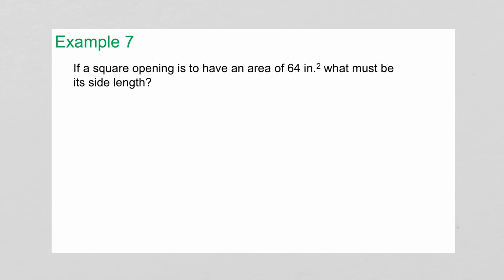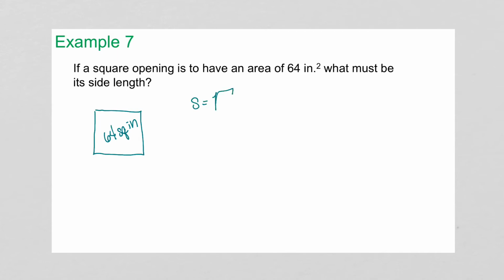Example 7 says if a square opening is to have an area of 64 inches squared, what must be its side length? So here's my square, kind of, and its area is 64 square inches.